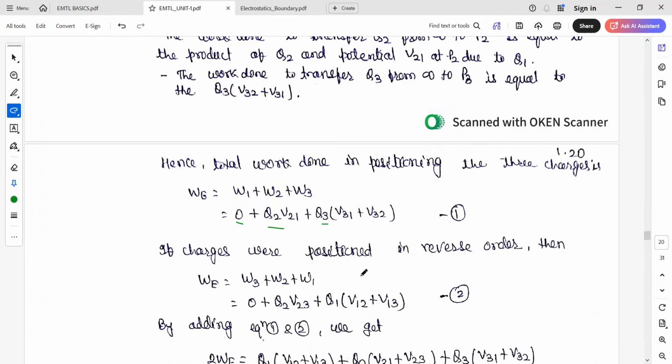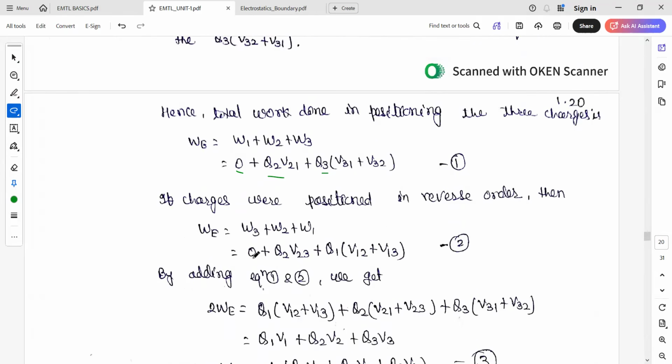Now if we reverse this situation, for W3, first we bring the charge Q3 into the system, so the work is 0.